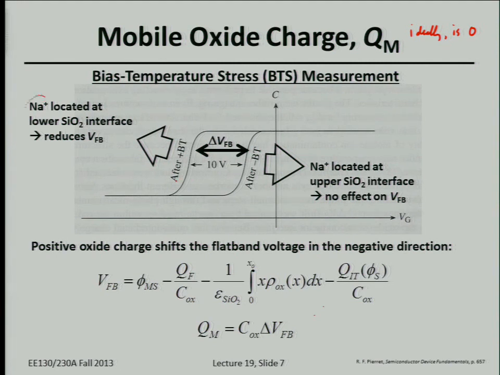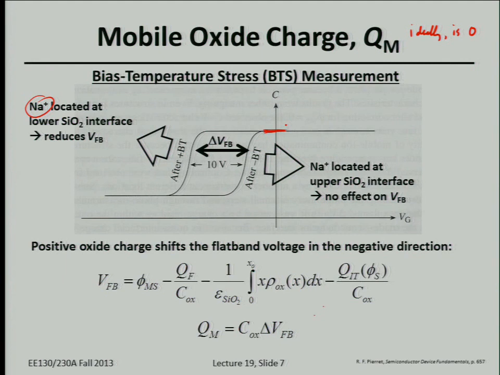Okay, so sodium is positive, so that would tend to shift the CV curve all the way to the left, to very negative voltages. So if you're trying to operate your transistor in this regime, plus or minus a few volts, you don't even see anything happening, right? Because the surface is already inverted or depleted.